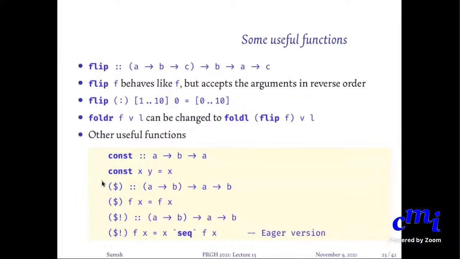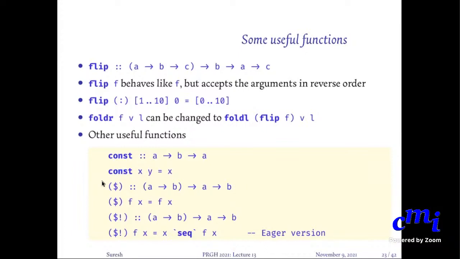There are other useful functions like const. Remember that we used this function where we had lambda x y dot x, where we did not even care about what y was. That function you call const. This is the constant x function. No matter what argument it receives, it will always return the constant x.